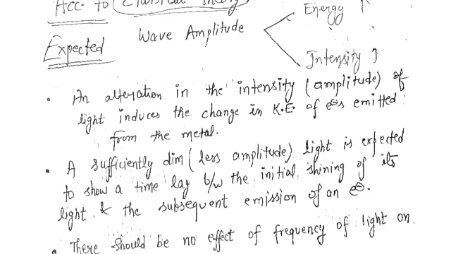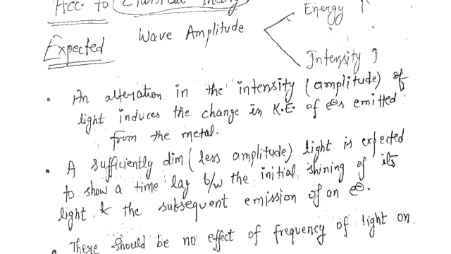The more the energy of the wave falling over the metal, the more energy it will transmit to the electron, and the extra amount of energy will reappear as its kinetic energy. The higher the energy of the incident light, the higher the kinetic energy.